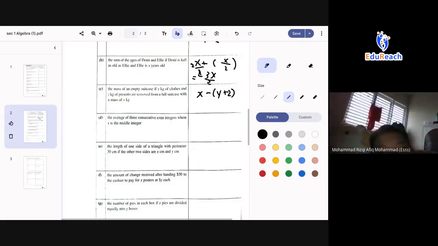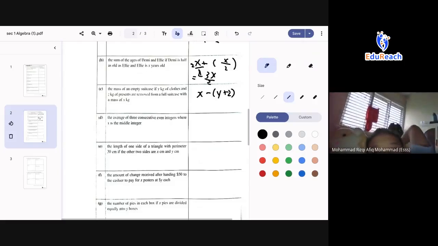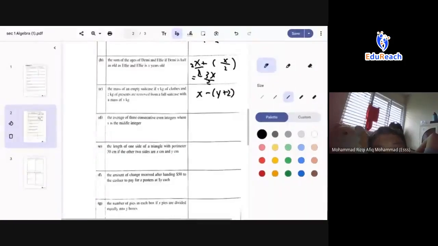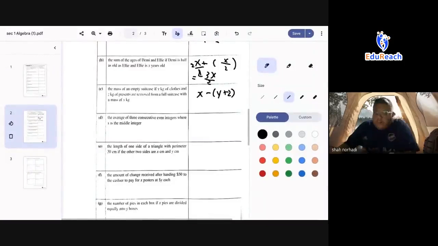I'm confused. Okay. They say the average of three even numbers, where x is the middle integer. Now, let's say the middle integer is x. You write down x first.